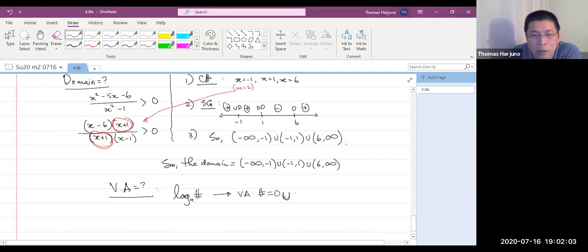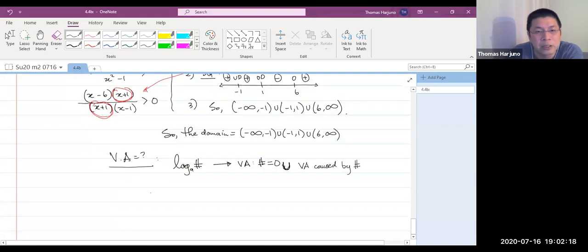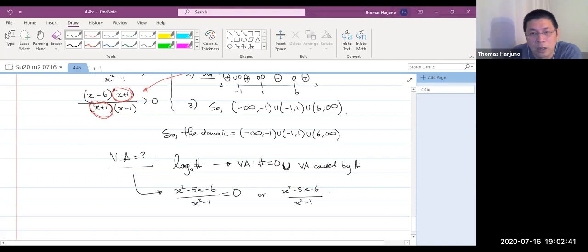Vertical asymptote caused by that guy. So in this case here, the vertical asymptote will be when (x squared minus 5x minus 6) over (x squared minus 1) is equal to 0, or when it has a vertical asymptote itself.